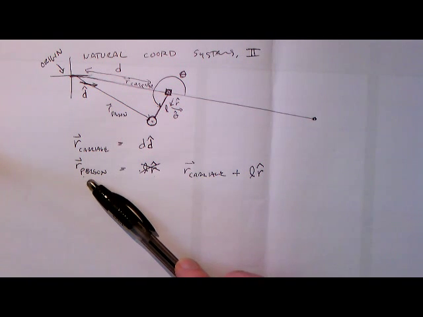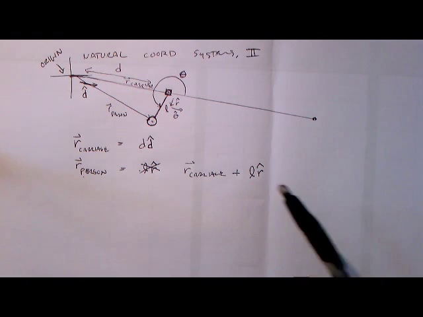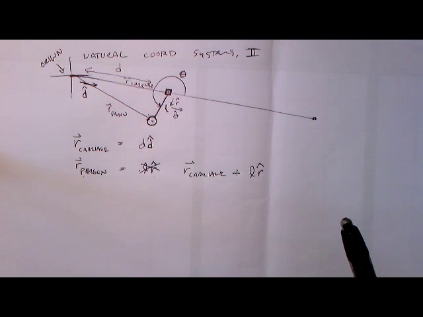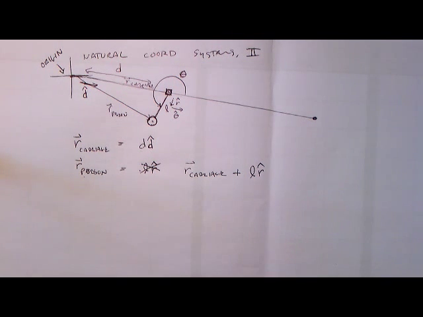But saying our person is our carriage plus L times r hat is a very compact and easy to understand way to express the location of the person. Notice I have not got any sines or cosines in here. It's all very compact inside of r hat and d hat. Now this will allow me to do a lot of powerful things.